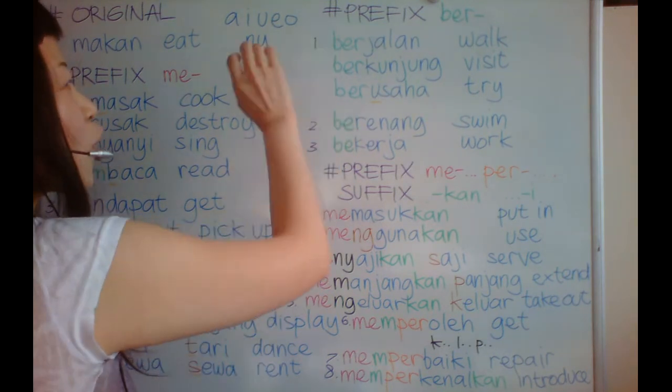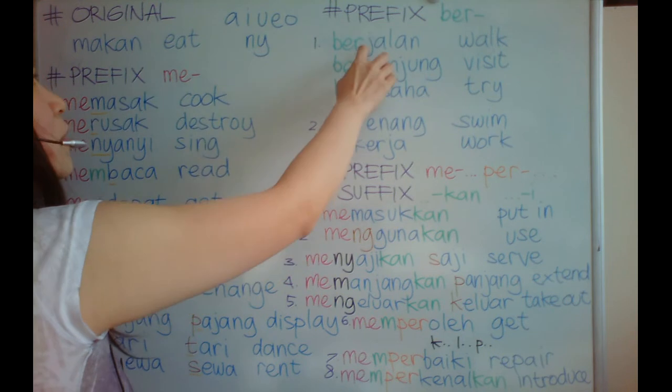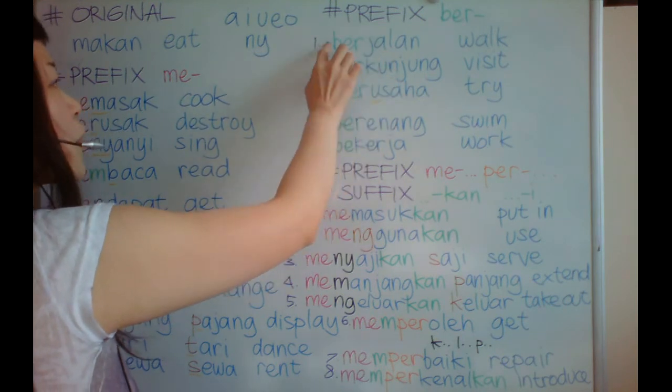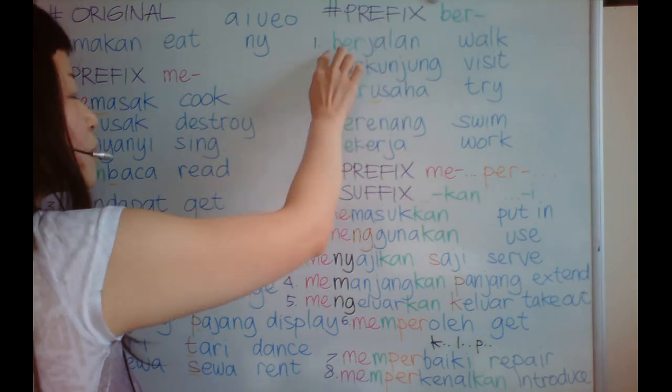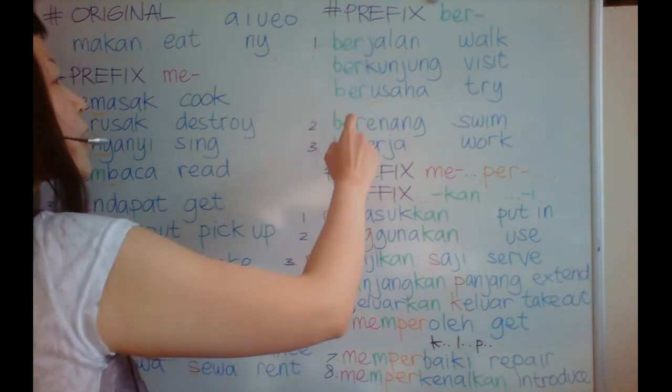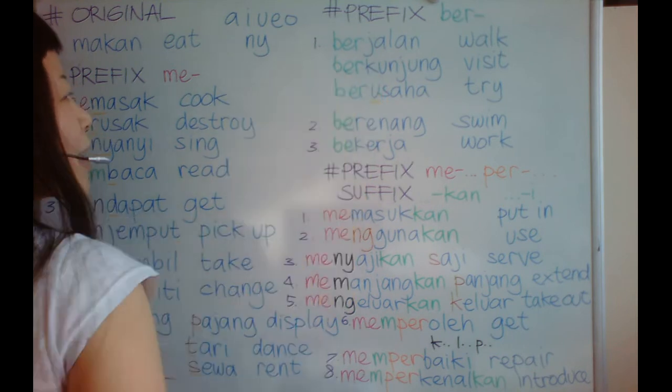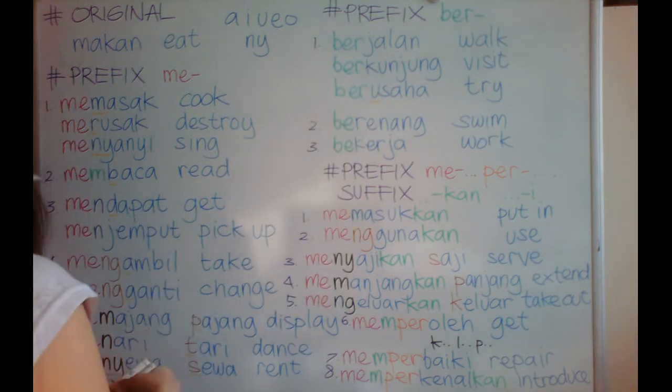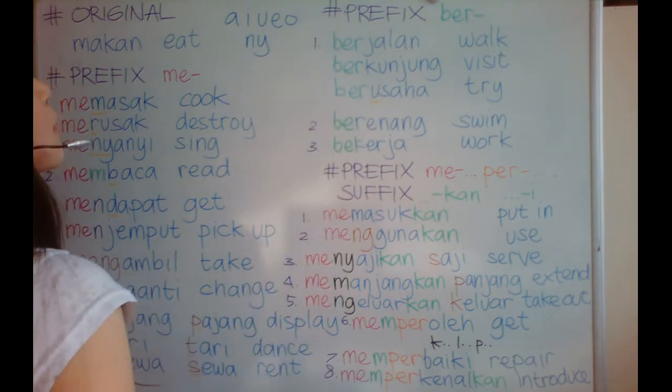So most consonants as initial work with the prefix ber. Here, for example, I put J and I put K. But it works for most consonants and most vowels.